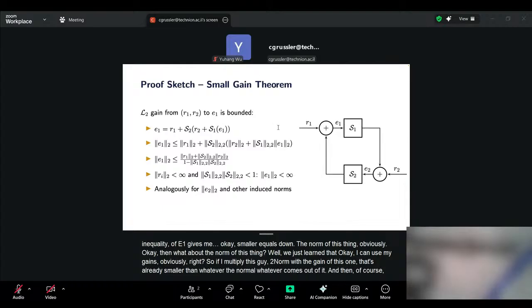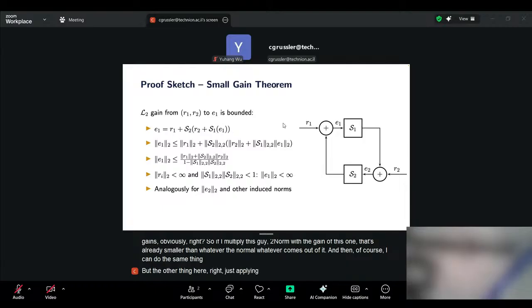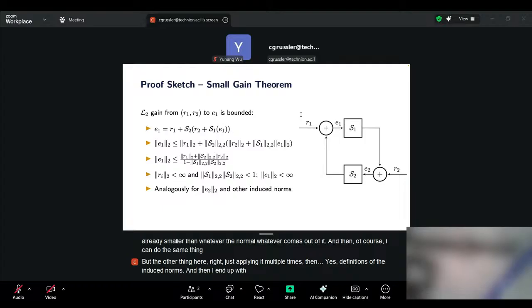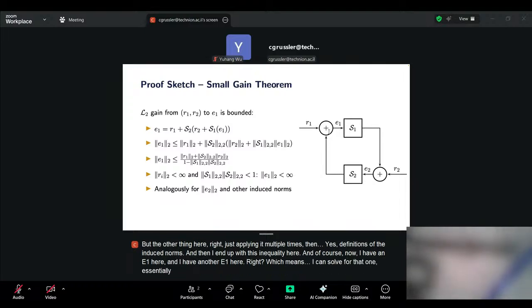And then I can do the same thing with the other one here, just applying it multiple times to these definitions of the induced norms. Then I end up with this inequality here. And now I have my E1 here, and I have another E1 here, which means I can solve for that one, and that gives me exactly this kind of thing.